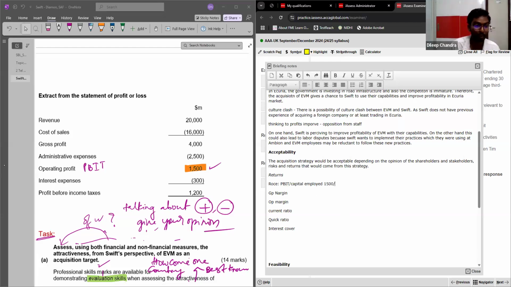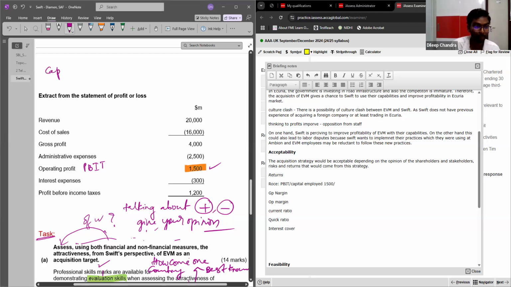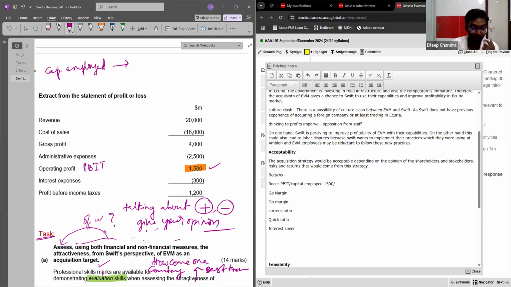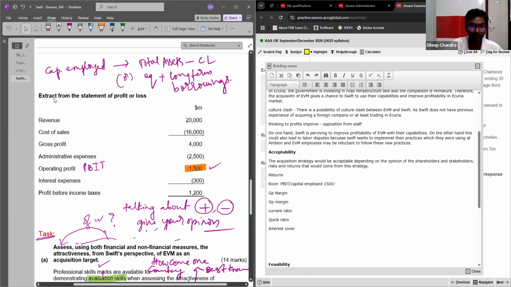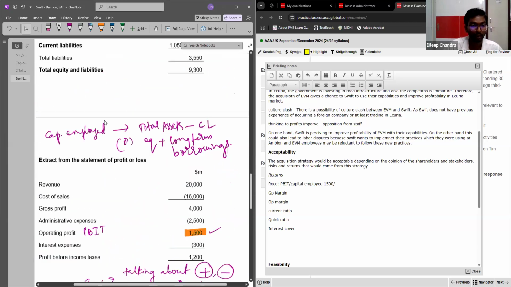Capital employed means total assets minus current liabilities, or equity plus long-term borrowings. Now, let me show you something.